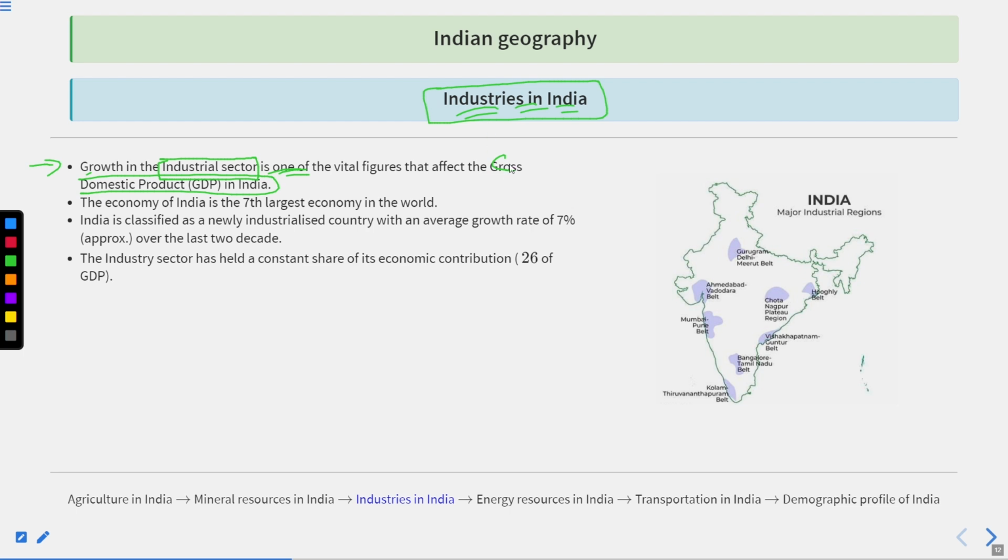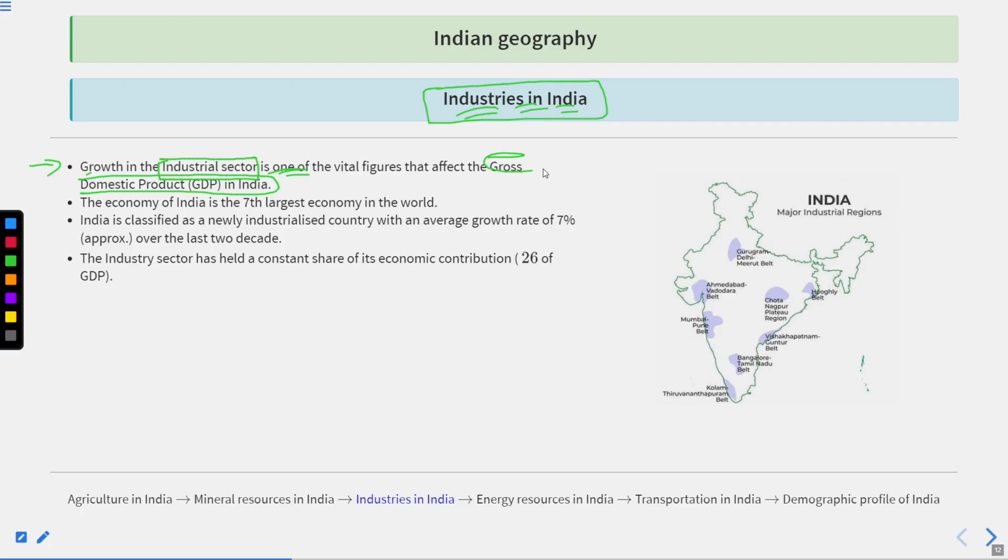So during this period, whatever the value of goods and services produced will be reflected in our GDP. If we have more industries, more goods and services will be produced, and ultimately the value of GDP will rise.